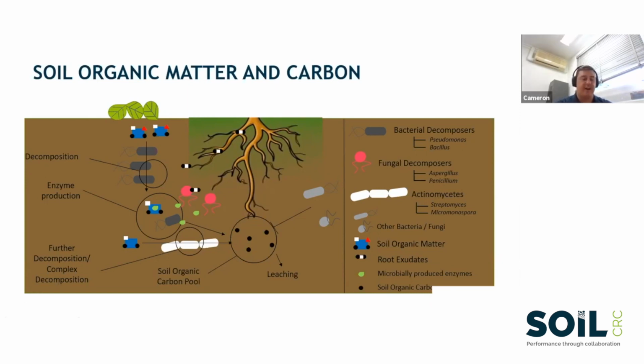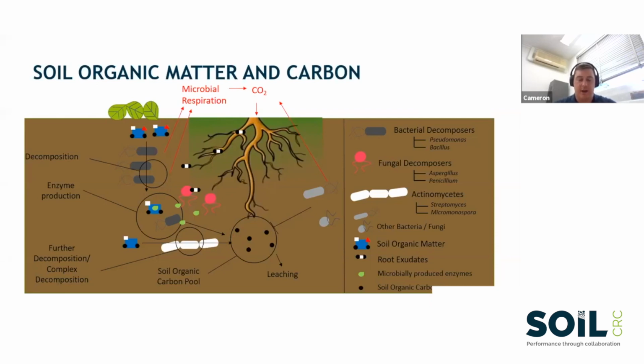Just because you started with this amount of carbon doesn't mean you're going to end up with that amount of carbon. In all of these processes, microbes go through what's called microbial respiration. So they respire like us, and they produce carbon dioxide. So this then gets released into the atmosphere. Again, you've probably heard a lot about carbon sequestration and how good it is.